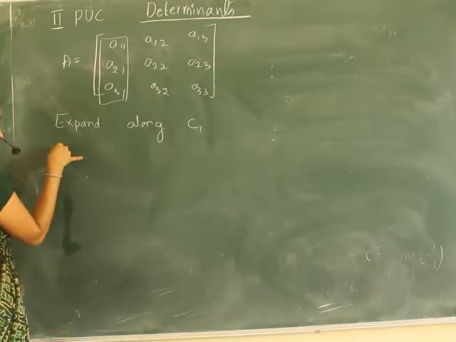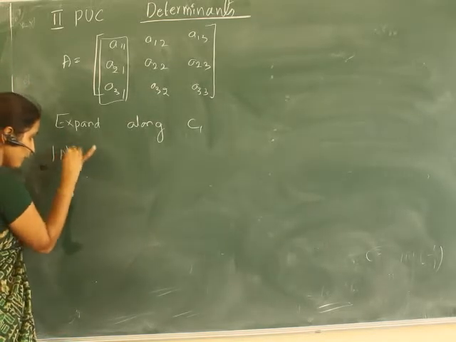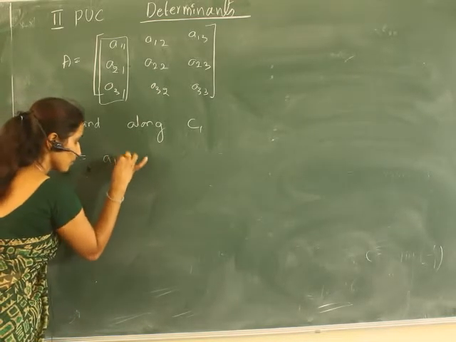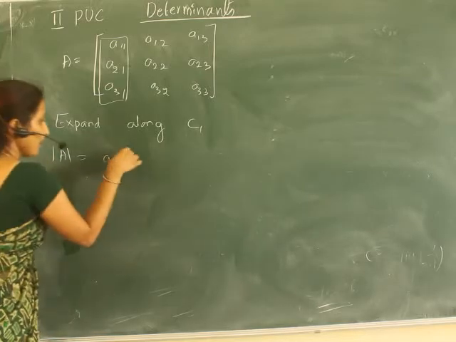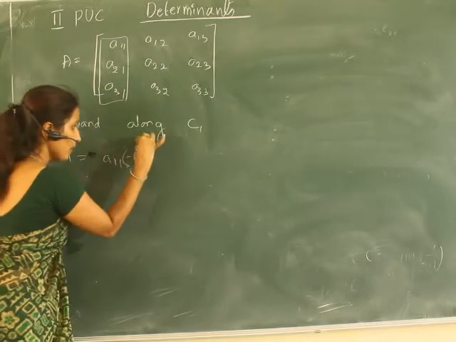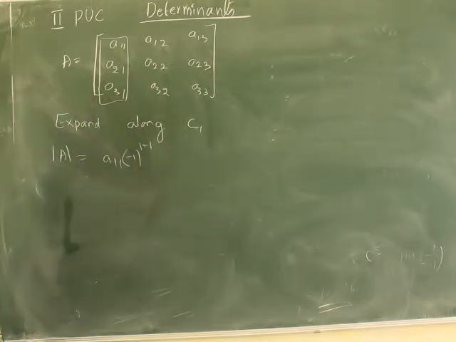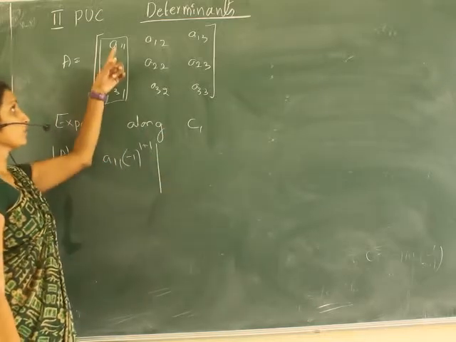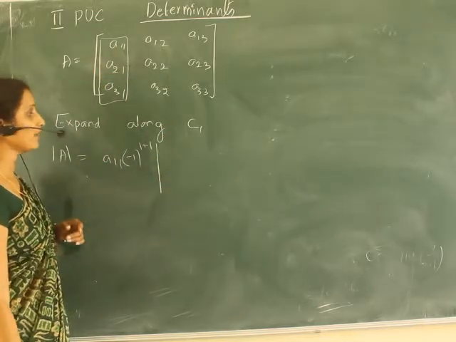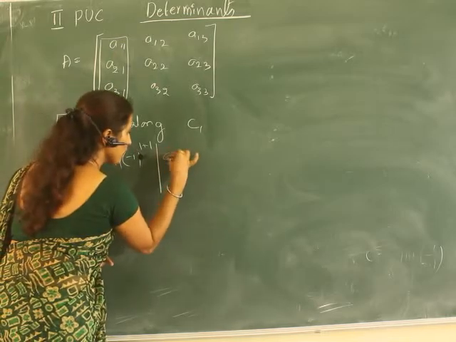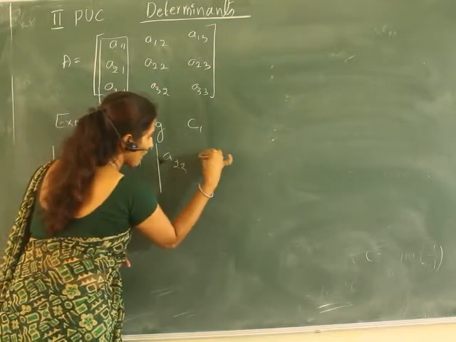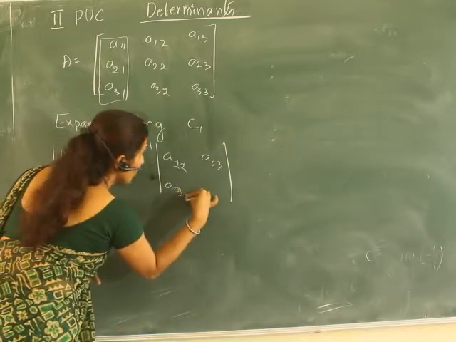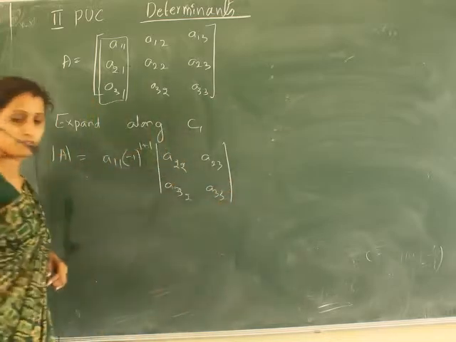So the determinant, denoted by delta, or determinant of A is equal to, first element is A11 into minus 1 to the power 1 plus 1, that is i plus j, into the determinant obtained by deleting the first row and first column, we get A22, A23, A32 and A33. So this is the first element.